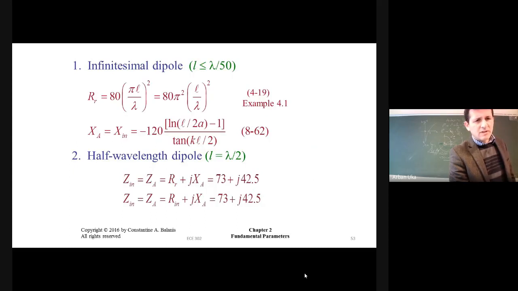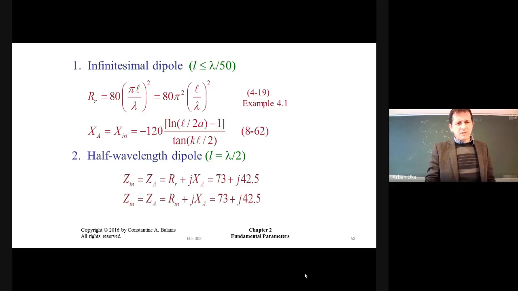Here we have a couple of examples where we can have an infinitesimal dipole antenna, and the relevant resistances and reactances for these types of antennas are given with these expressions here. But we are going to derive these expressions, or see them again, when you go to chapter 4.